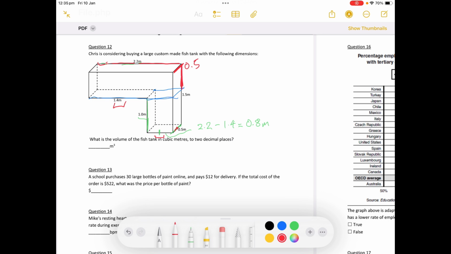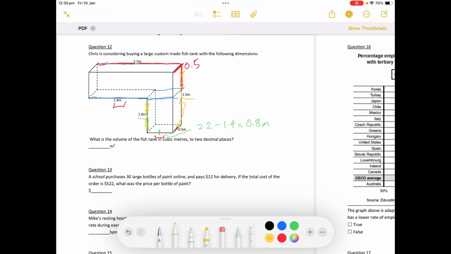So to do that, I know that my entire length for that section, this bit, is 1.5 meters. And I know that this bit here was 1 meter.